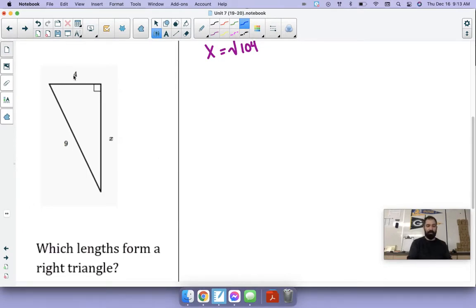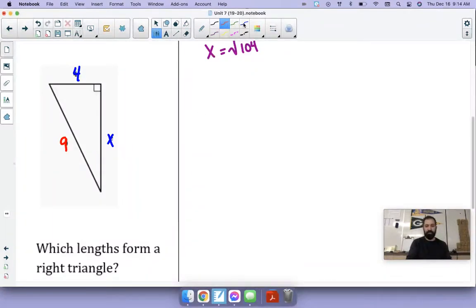We have a side length 4, which is part of the right angle, so that's a leg. The other part of the right angle is this side here, which is our unknown, x. And the third side length is the hypotenuse, which is 9.